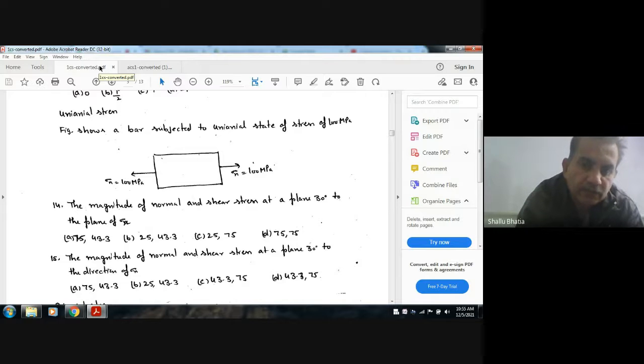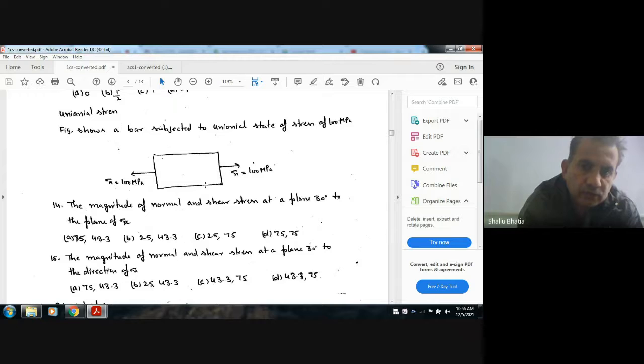As we have to find the normal and shear stress at a plane making an angle of 30 degrees to the plane of sigma x, it is making an angle of 90 plus 30 degrees with this plane.